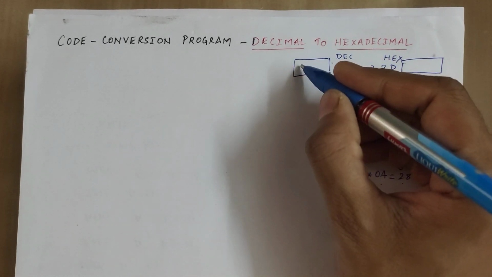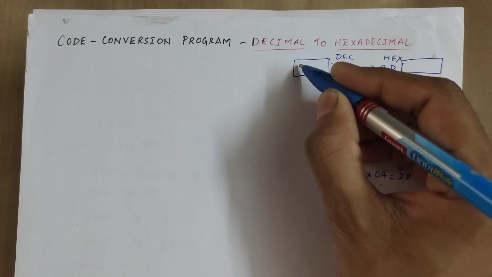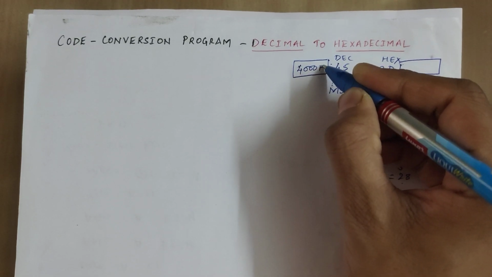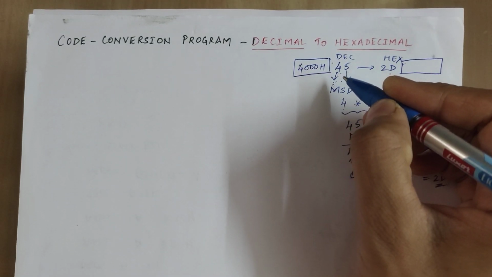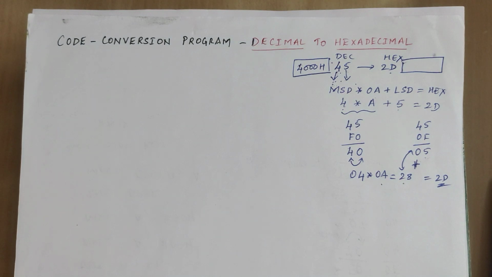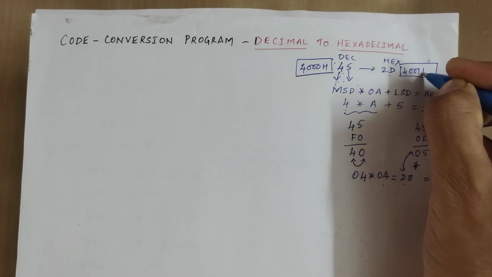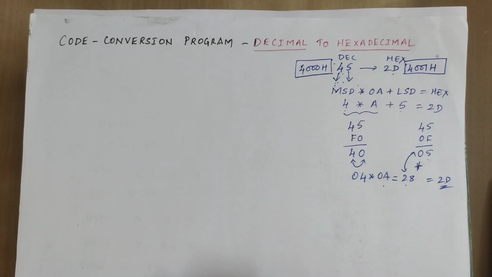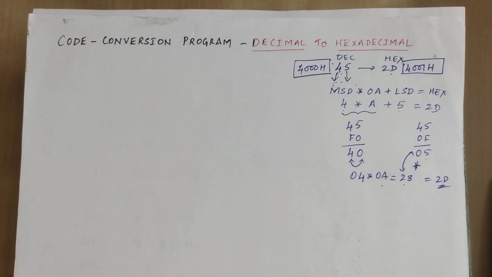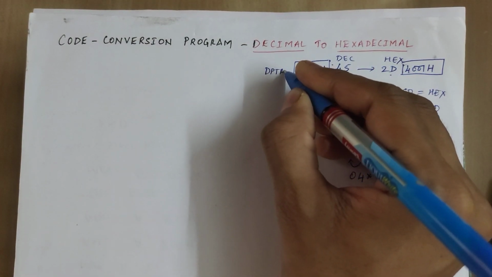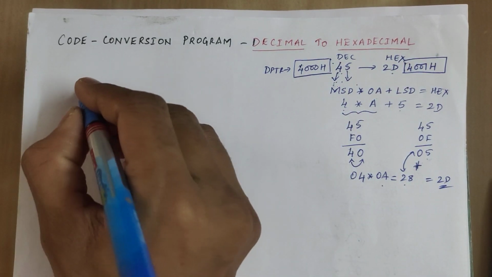We will assume that the BCD data, the decimal data, is stored in location say 4000H, and let the final answer which is converted be stored in the immediate location after that, say 4001H. So since we are using external memory, we need external memory pointers, that is DPTR, for this program. So let's start writing the program.